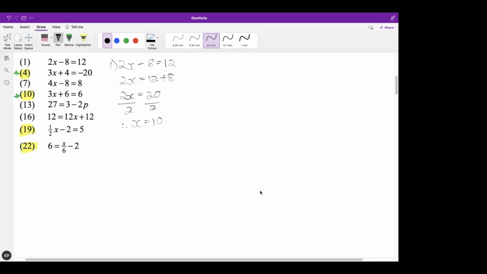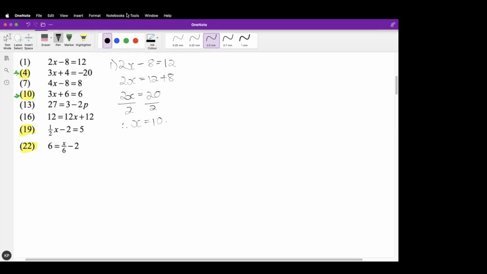Oh no, we're starting off with 4 and 10 for now. We're going to get to 19 and 22 just now. Okay, it seems like our answers are unanimous, so I'm just going to wait.